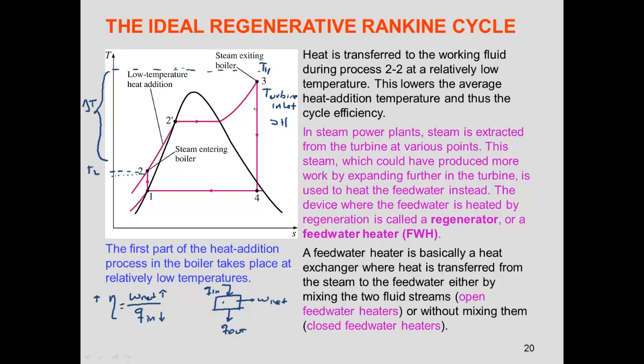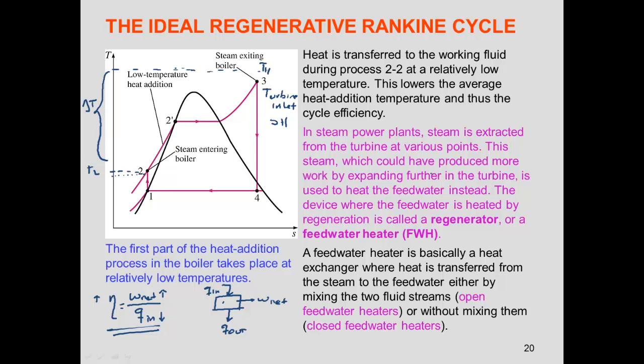But if that loss of work output from the turbine is less than the amount of heat that we are saving, then we are increasing our efficiency. So that's the idea.